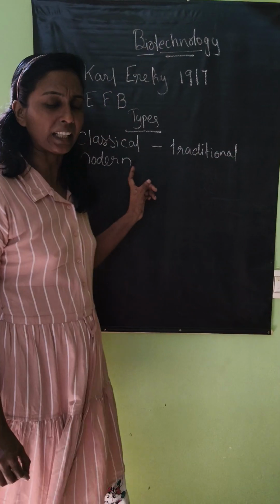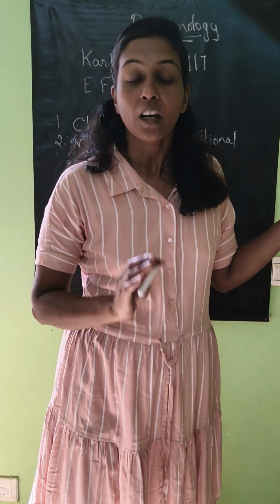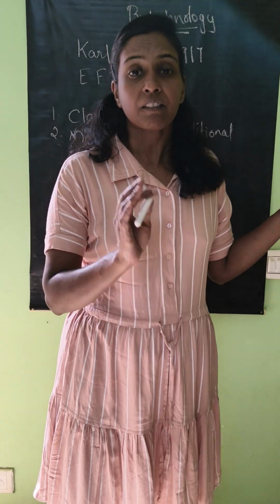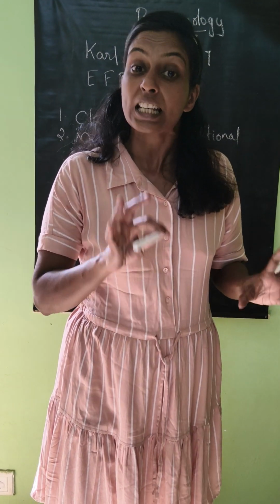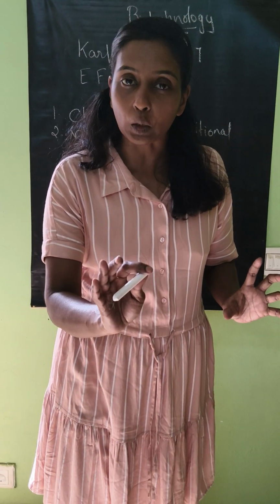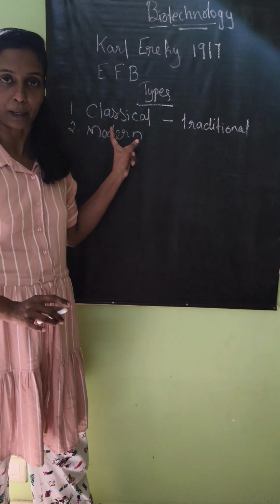It means we make different products in our home like curd, bread, cake, small amounts for our own purpose, with the help of living organisms or microorganisms. That is a part of biotechnology which we call classical biotechnology.